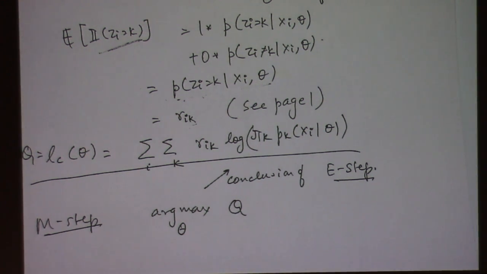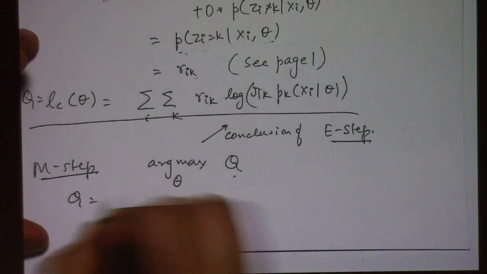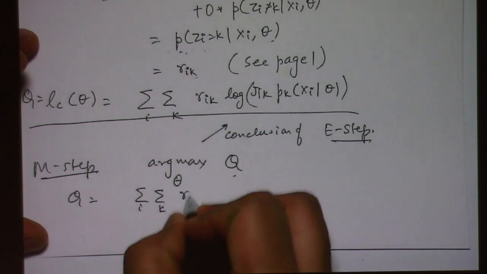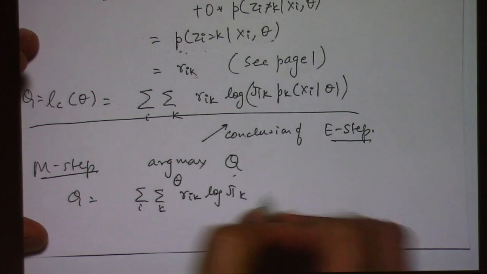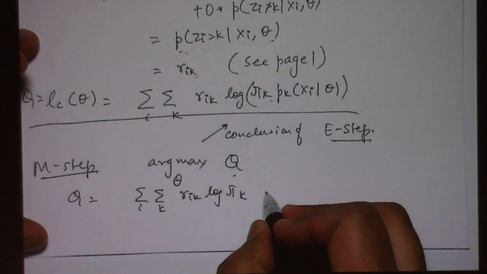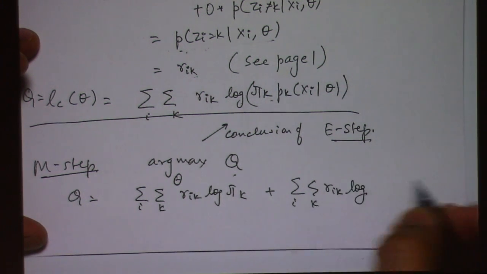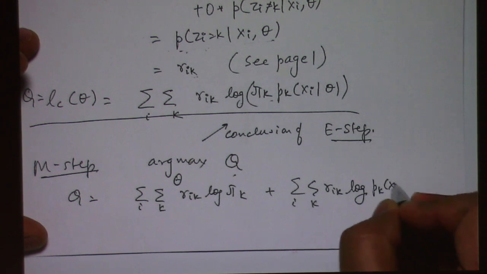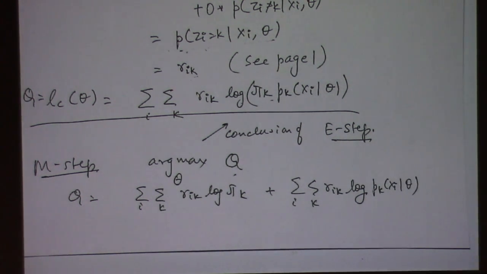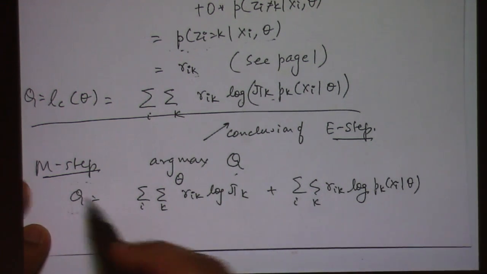The first thing we're going to do is write out Q again. If you look at our expression for Q, r_ik is constant. It does not depend on theta. We have already computed it using your previous estimates for theta. The only unknowns are the pi_k's and the theta specific to each mixture component. So Q will be equal to the summation over i and k of r_ik log of pi_k p_k(x_i | theta).